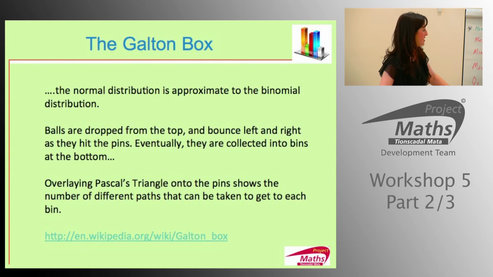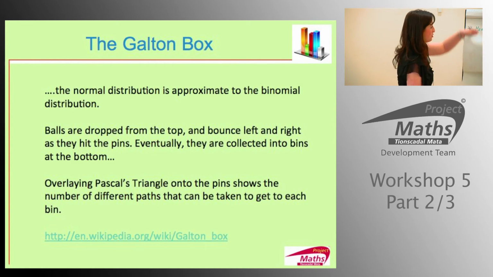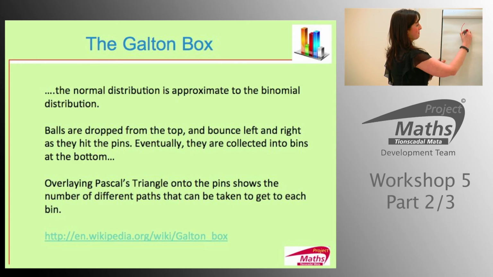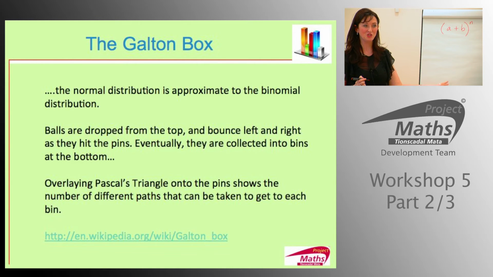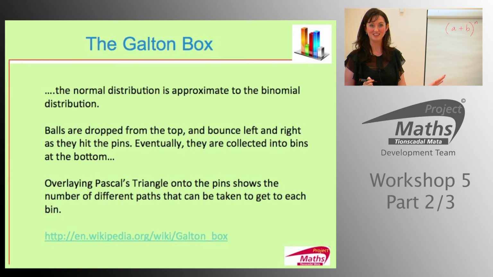Because if you think about your binomial distribution, let's just say (a + b) to the power of n. Can't we teach the kids to use Pascal's triangle as an aid for multiplying this out?